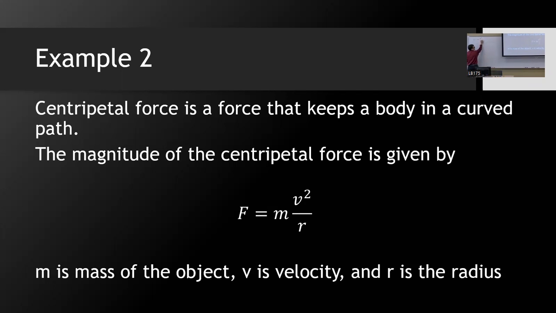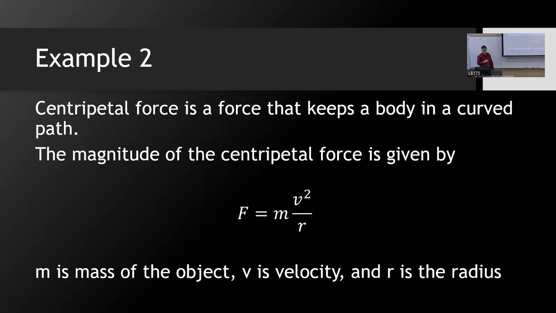V is the velocity of the object. And R is the radius that it's going around, right? So it keeps the body in a curved path.